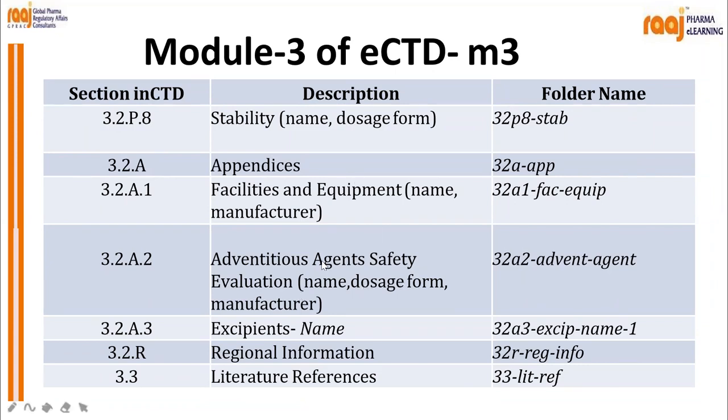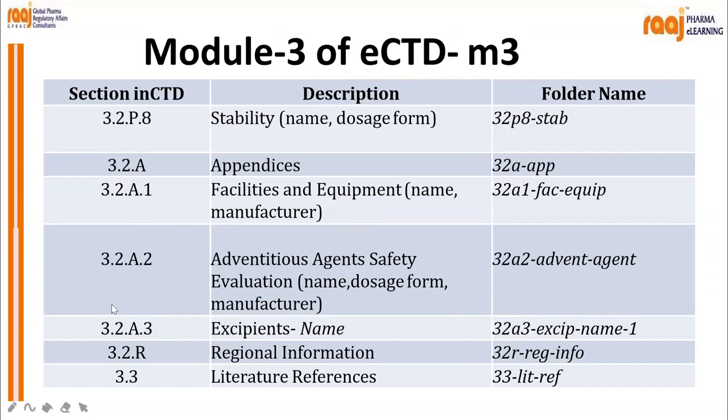Now, in all cases, suppose the information is not applicable in your application or with respect to your product, still you have to maintain the hierarchy, make the document, and say this section is not applicable in your case or for your product. But these sections in the eCTD granularity you have to maintain. You have to maintain all sections and subsections here.